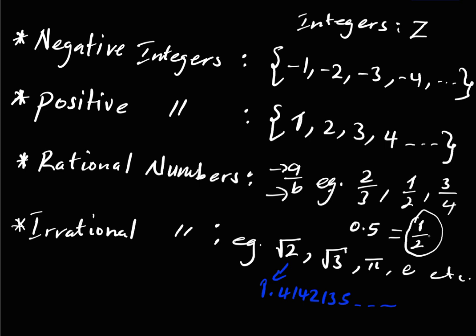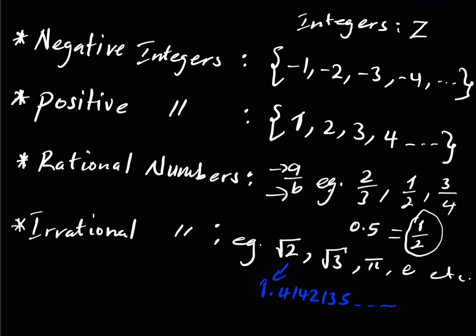Remember, rational numbers such as 1 over 2 is just 0.5. It has an ending. Or you can say 1 over 4, which is the same as 0.25. It's also rational. It has an ending, a finite number of decimals. So we can easily write these in the form a over b. So they are rational numbers.